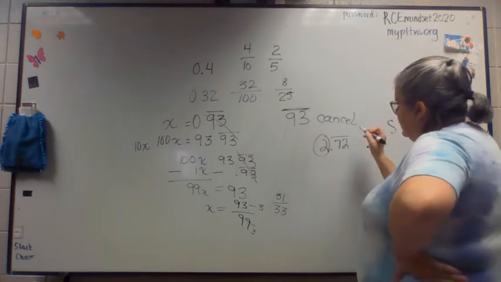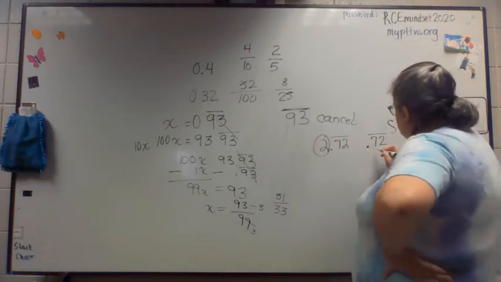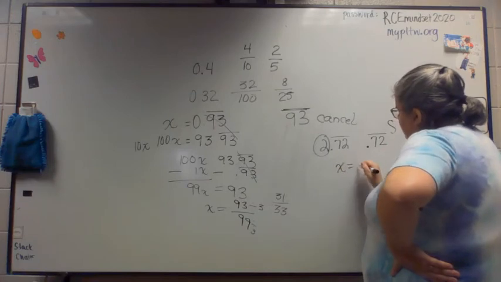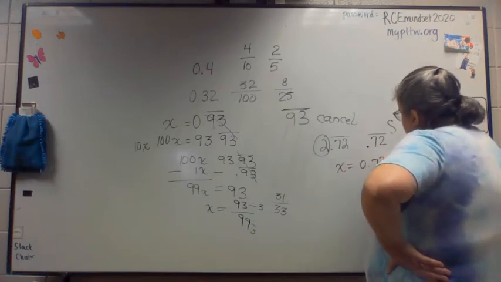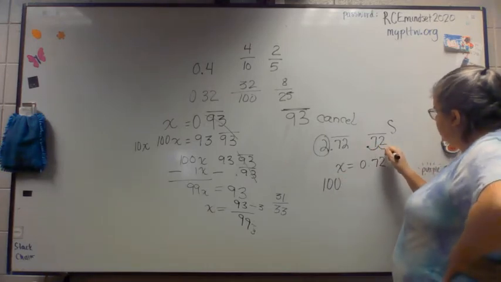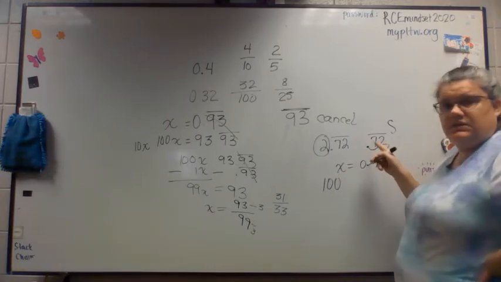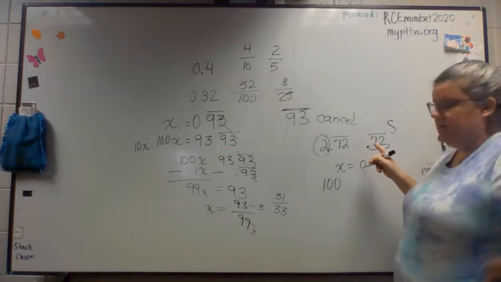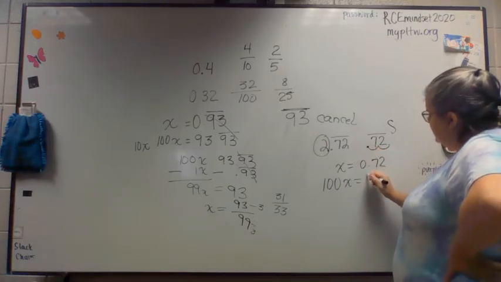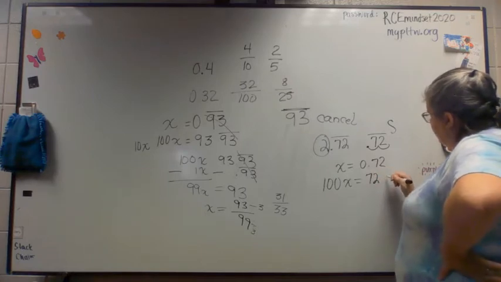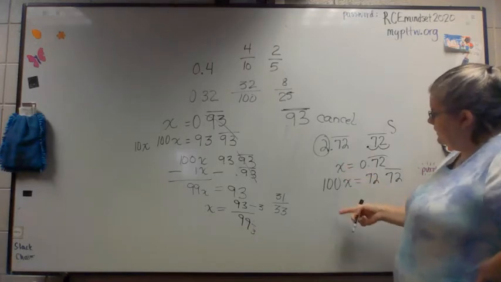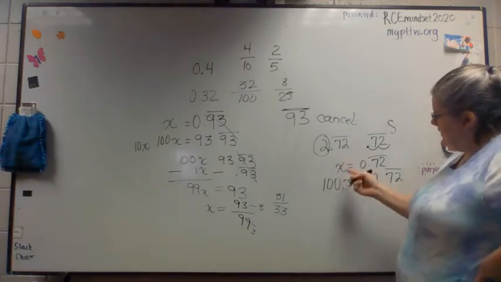Again, we just want to figure out how to move the decimal so that only the 0.72 is left behind it. So I get x is 0.72 repeating. And then I'm going to move the decimal twice. Generally speaking, if it's 2 digits repeating, you're going to want to multiply by 100 and move your decimal twice. So that gives me 72.72 repeating.